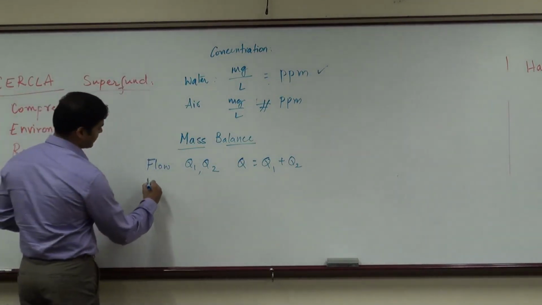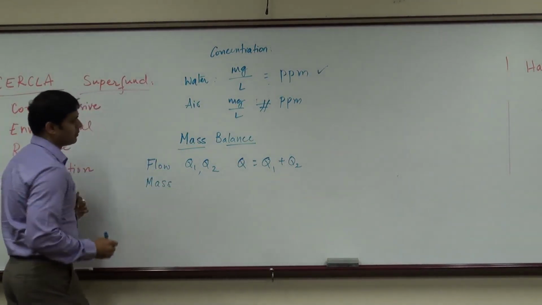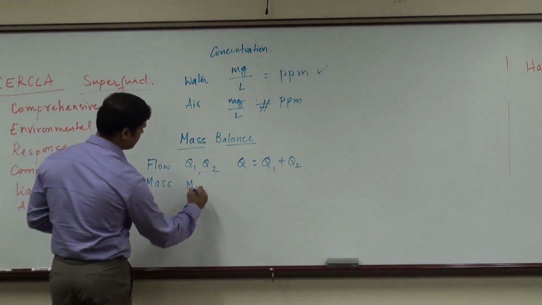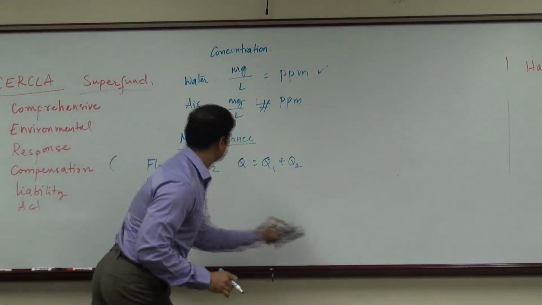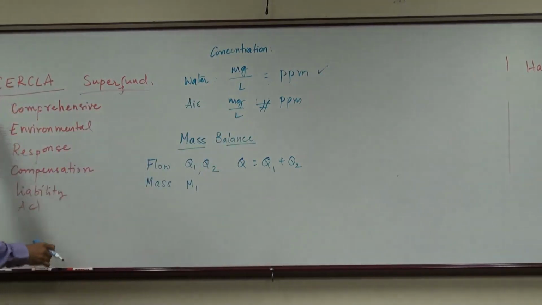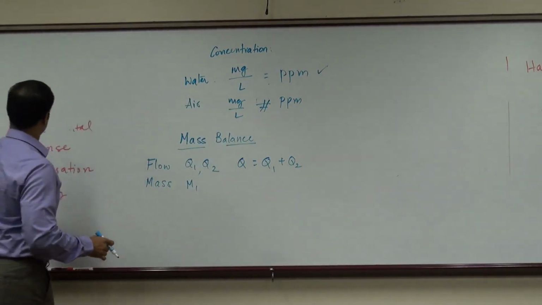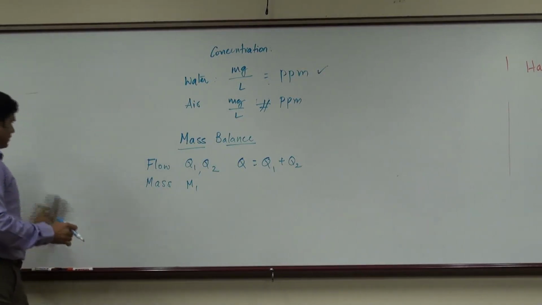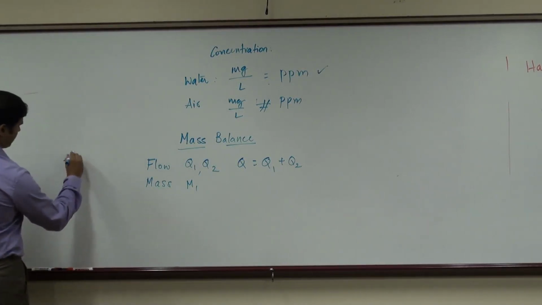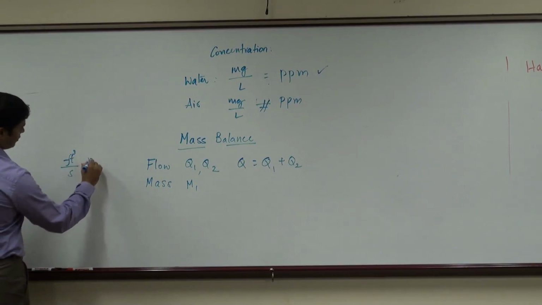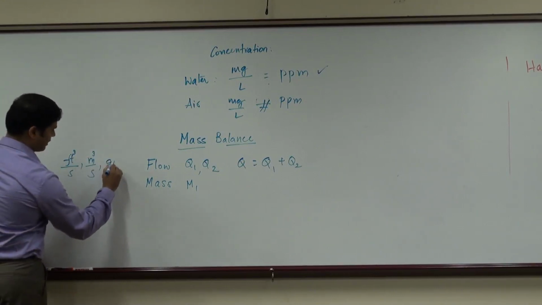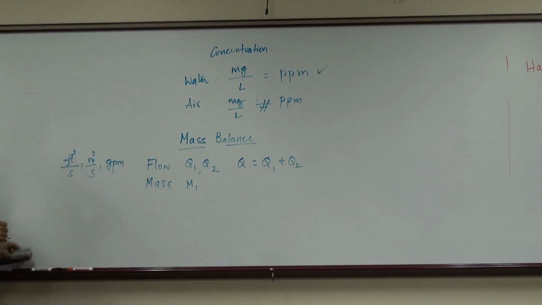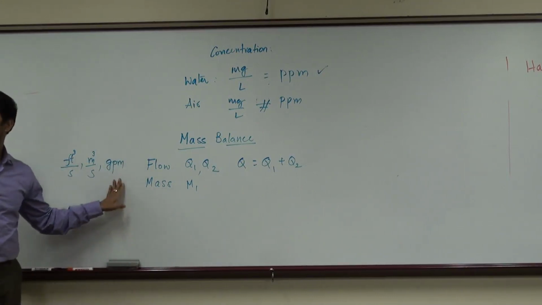Then what? Your mass. Mass, let's say M1. So what are the units for flow? Cubic foot per second, that's right. Cubic meters per second, right? I think this is running out of use. I think gallons per minute, right?